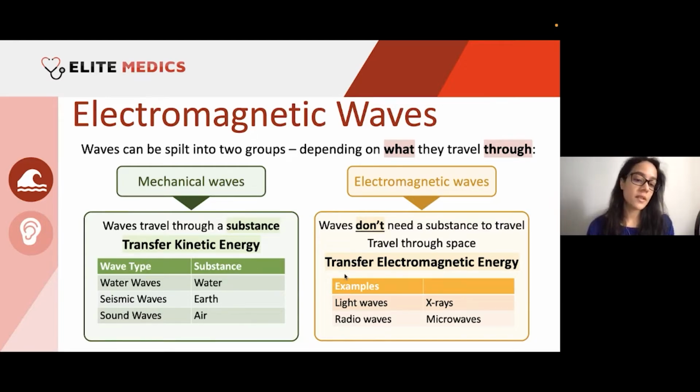Water waves are traveling through the substance water. Seismic waves, deep in the Earth's crust, are traveling through the Earth. Sound waves are traveling through air. On the other hand, what we're going to be focusing on today are electromagnetic waves.